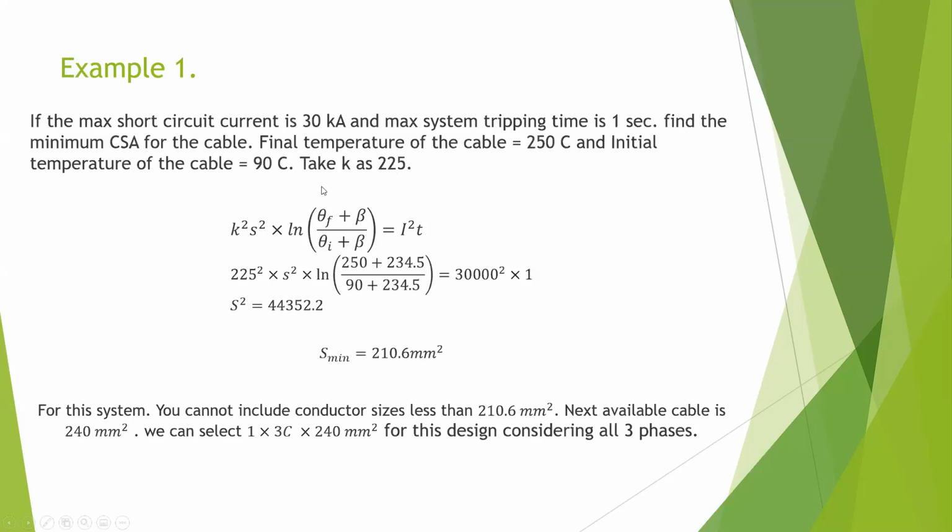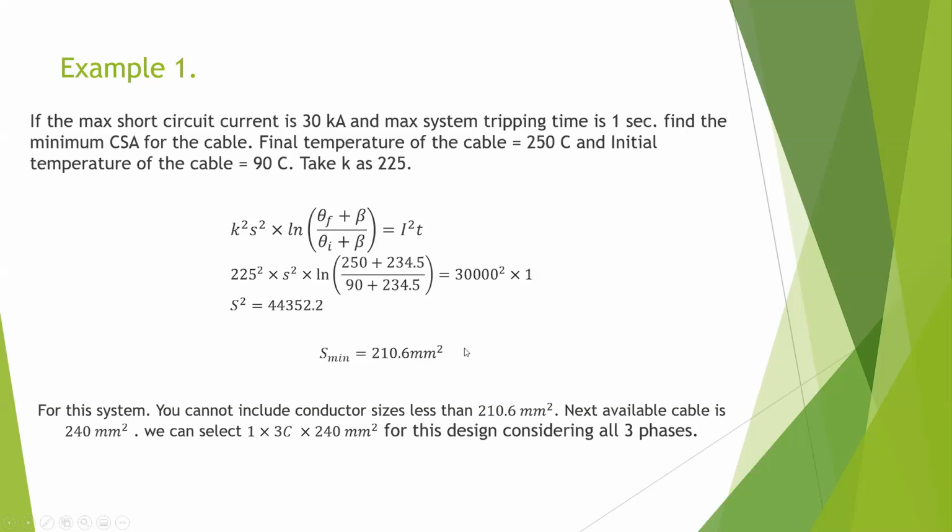So for a 30 kiloampere fault, which is going to trip in less than 1 second, and our cables will be heated up to 250 Celsius, and the initial temperature is 90, the minimum cross-section area of the cable will be 210.6 millimeter square.